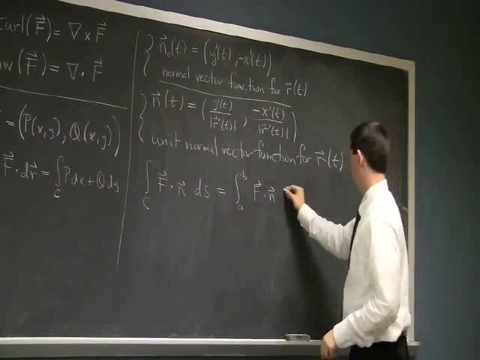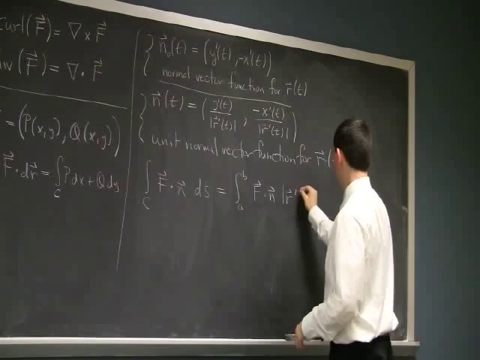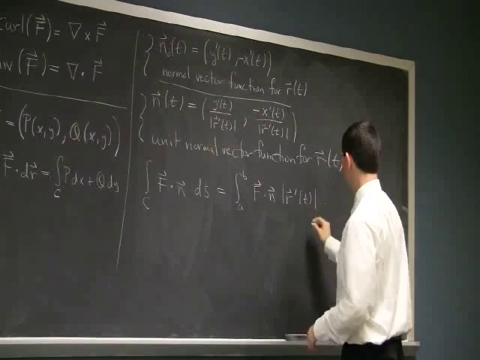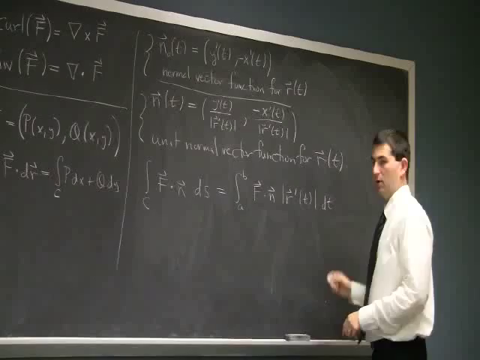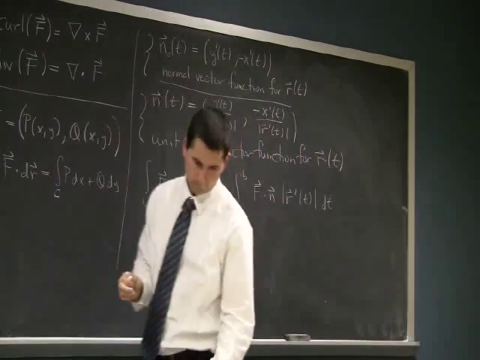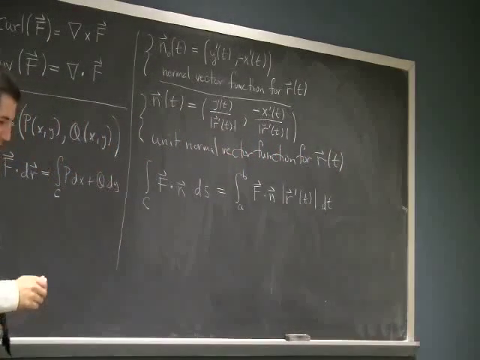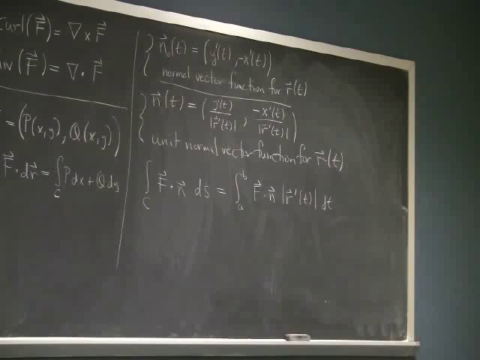So this is times the norm of the derivative of r of t, and then you can do dt. Good.